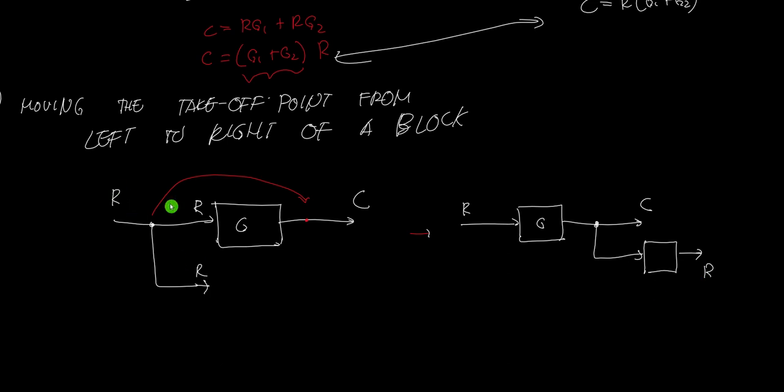Because just like the original, we have an input R and two outputs: C, and this one should also be R, because that's the takeoff point. Now, what will be my transfer function here so that my output is R? Remember, here this is C. So what should I multiply to C so that the output is R?